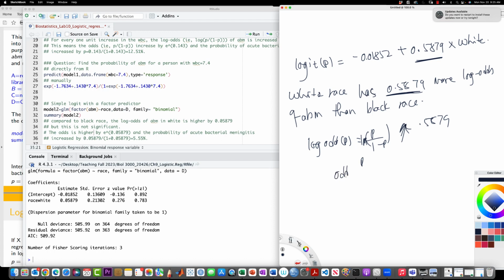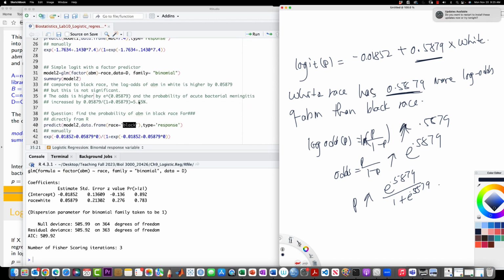So odds, equal to p over 1 minus p, goes up by e to the 0.5879. And if you solve for p, then you can say p goes up by e to the 0.5879 divided by 1 plus e to the 0.5879. That's what I was doing here. So what we got is 5.55%.